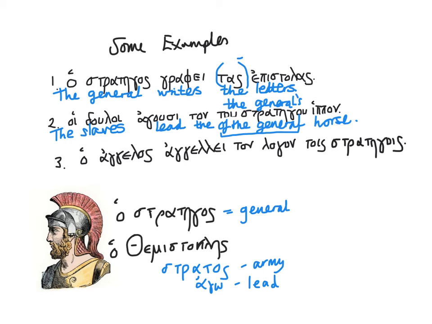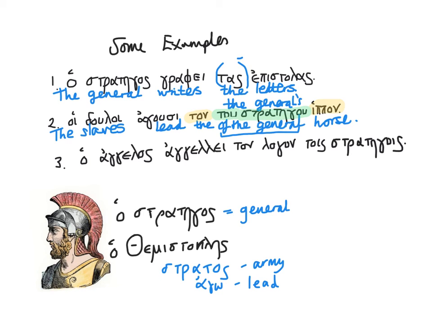Now I could apply some colour coding to this. If I colour code the two accusative words, that's the definite article ton and the noun hippon, meaning horse, in yellow. And let's say we use green for the two genitive words, to strategu.